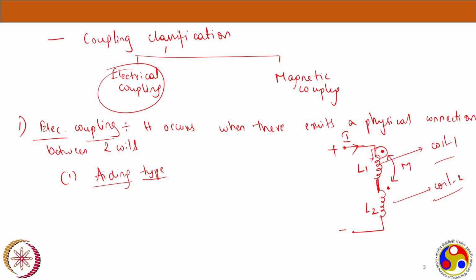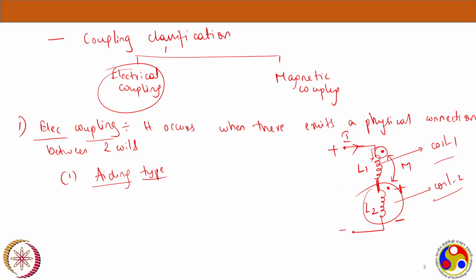It will induce a mutual induced voltage in this particular coil, where the positive polarity will be here at the dotted terminal and the negative polarity will be here. Understood, right? It's simple: based on the current direction in one coil, we see the voltage in the second coil.